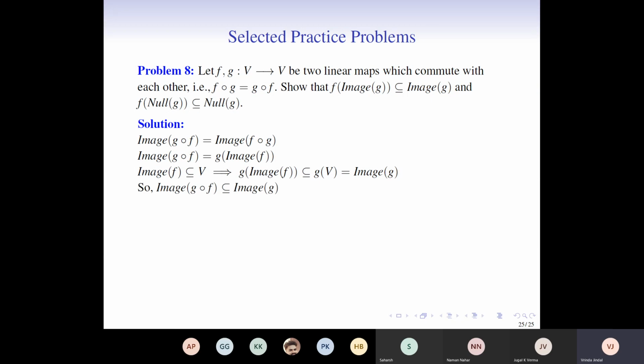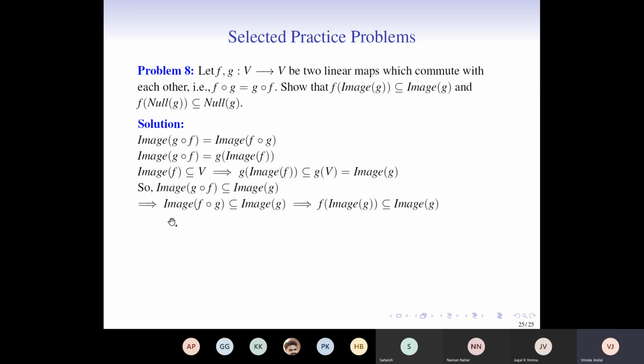So what have we proved? We have proved that g of image of f is a subset of image of g. And here we had shown that image of g of f is equal to g of image of f. So we have proved that image of g of f is a subset of image of g. And image of f of g is equal to image of g of f.